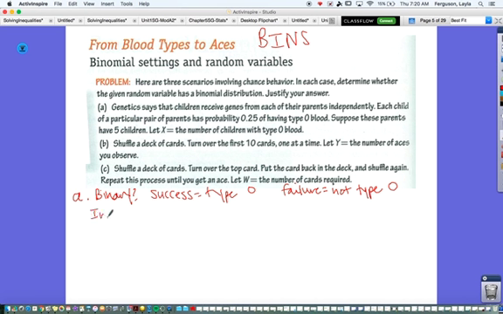The next one is independent. Does one child having type O blood affect the probability of the next child having type O blood? It tells us in our problem that children receive genes from their parents independently, so this is a yes.